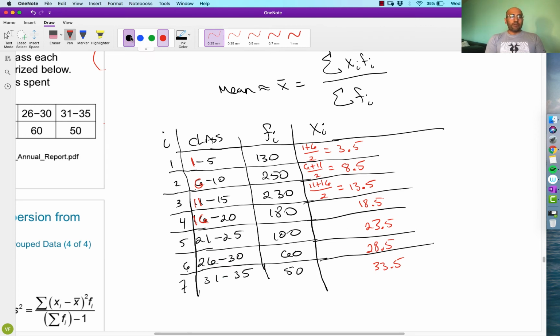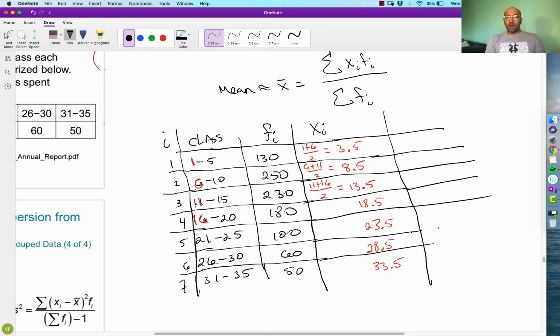Good. Okay, so now we want to multiply across to get our very best guess for the sum of the hours spent studying for these people. So if we multiply 130 times 3.5, we're going to get the value that goes right here. 130 times 3.5.